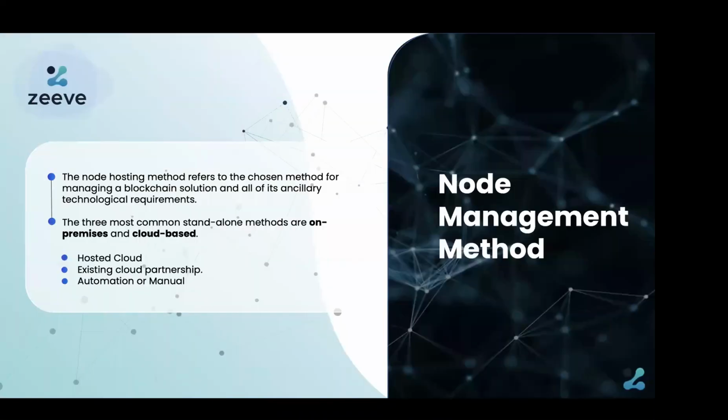Then the node management method. This is I would say the most important slide of the day in our session, because node management can actually change the game for you. We saw how the monitoring and maintenance cost was more than 60% of the total cost. I would say 70% of the total cost.